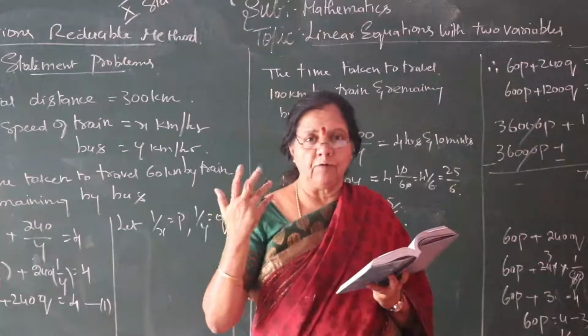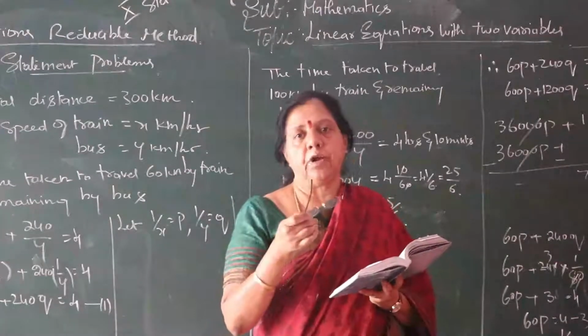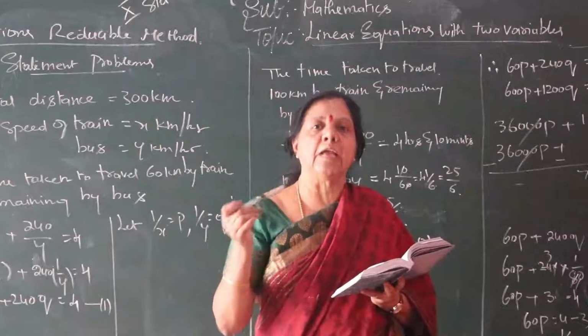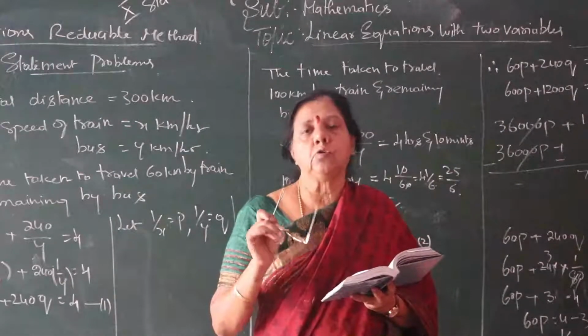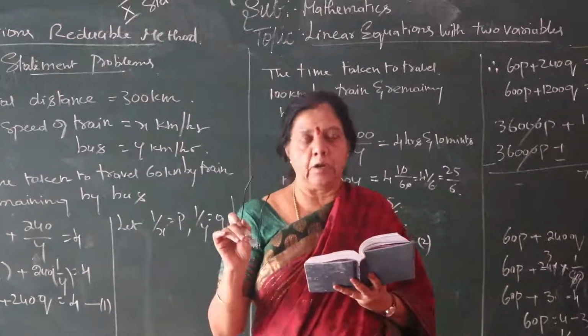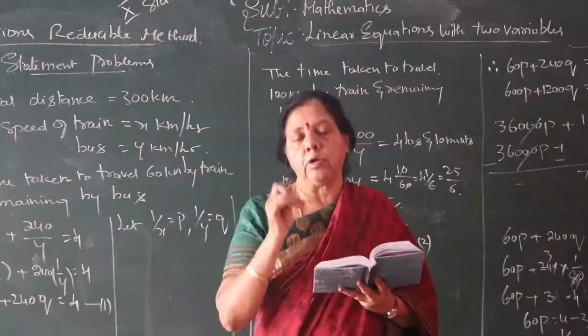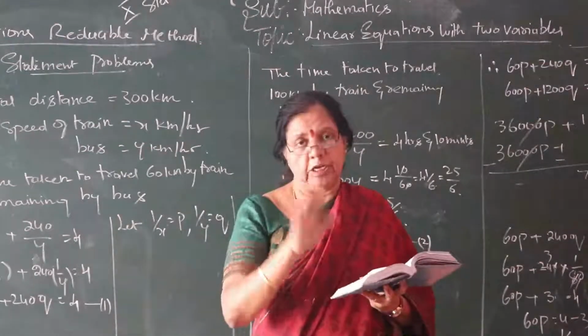Suppose, for example, you are coming from Jayanagar by train, you get down, and once again you catch the bus. Like that she is also doing to reach her house. Partly she is going by train and the remaining by bus.